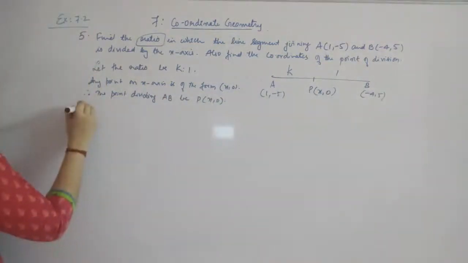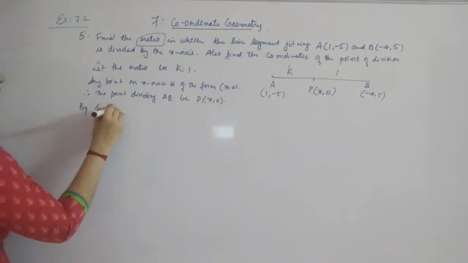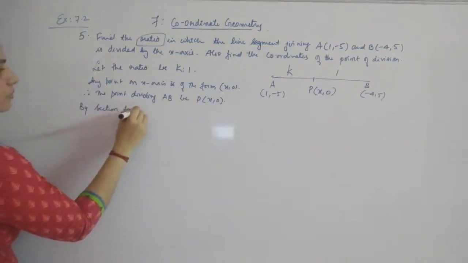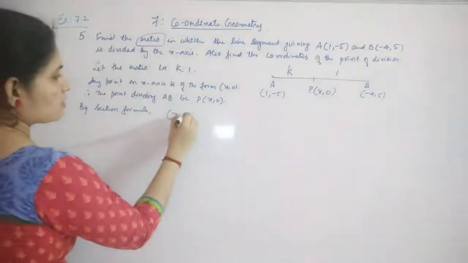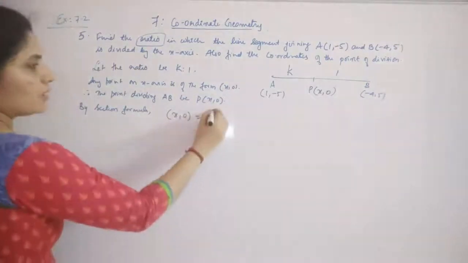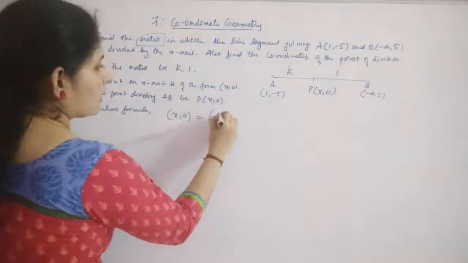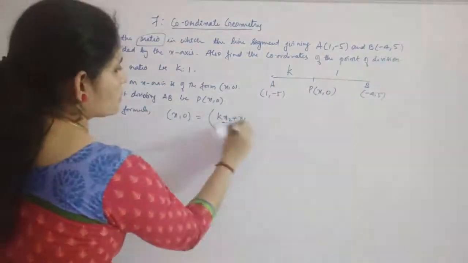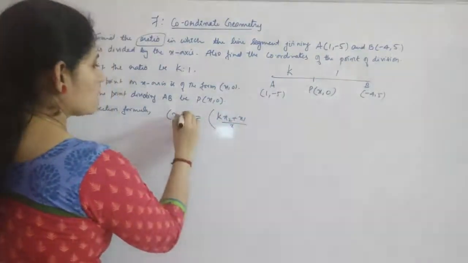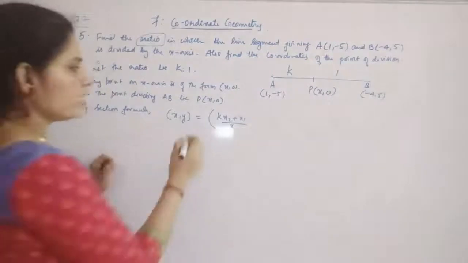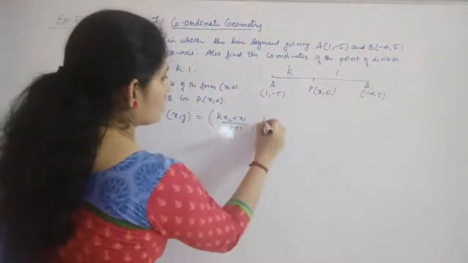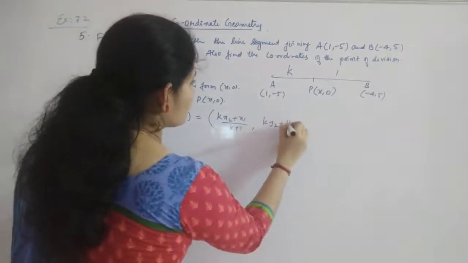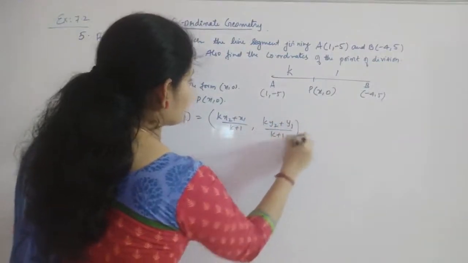Okay. Now by the section formula, the coordinate x, 0 will be equal to kx2 plus x1 divided by k plus 1, ky2 plus y1 divided by k plus 1, right? Actually x, y is the formula, we will replace it in the next step.